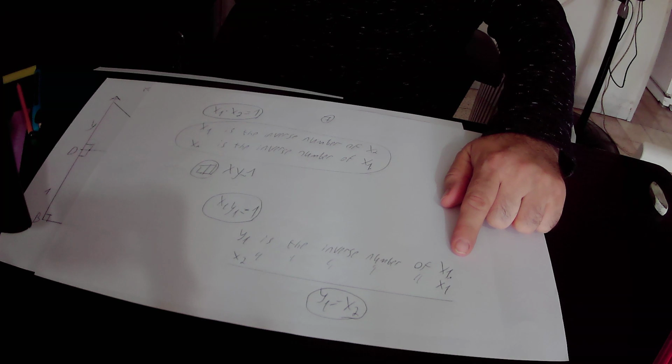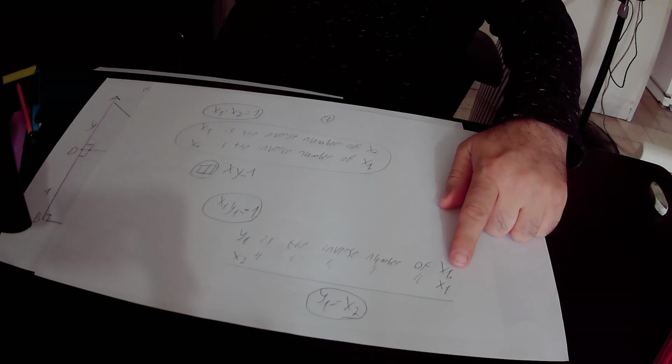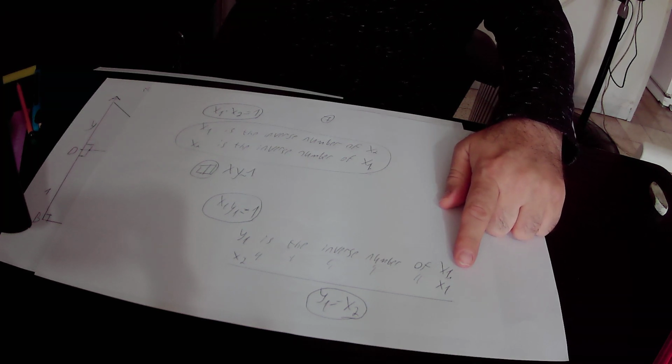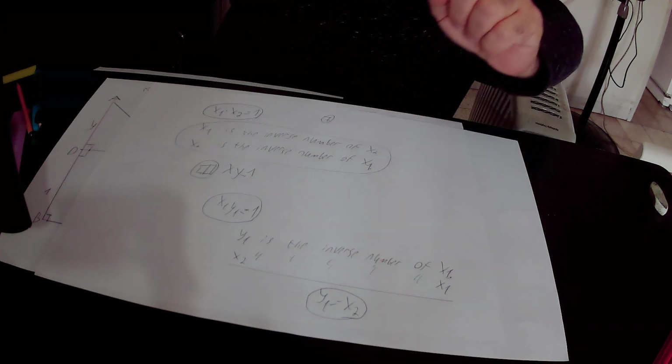But we have already found out that x2 is the inverse number of x1. So because y1 and x2 are both the inverse number of x1, we will derive from this that y1 equals x2.